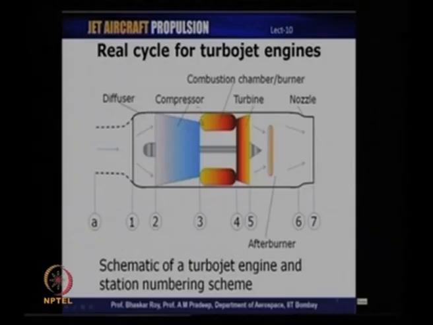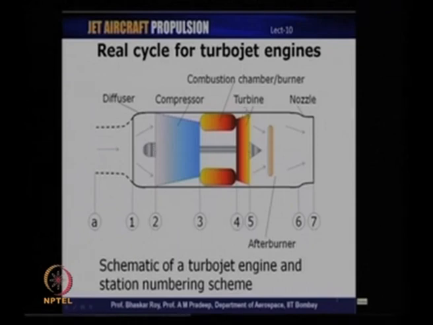Subsequent to the compressor we have the combustion chamber where fuel is burned and the temperature reaches its maximum in this entire cycle. These hot products at high pressure and temperature are expanded through the turbine, which generates a work output. The work output of the turbine is primarily used for driving the compressor.